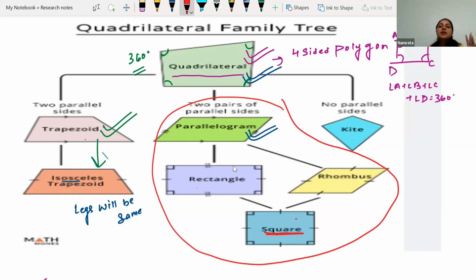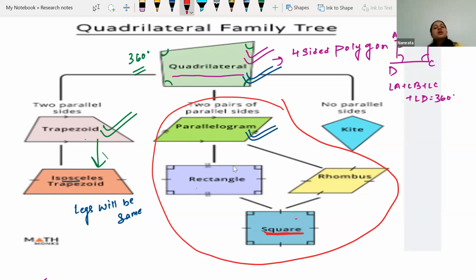Quadrilateral is a different shape, rhombus is a different shape. Yes, rhombus is a quadrilateral. So this family tree will help you attempt 1 mark questions, from true false, fill in the blanks, and MCQ questions. You must have the knowledge of these.